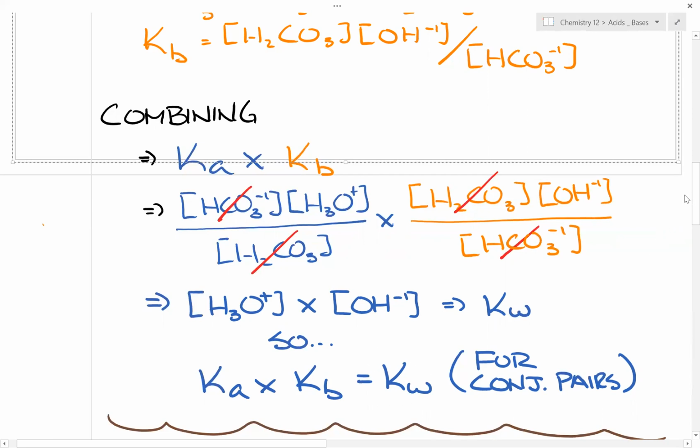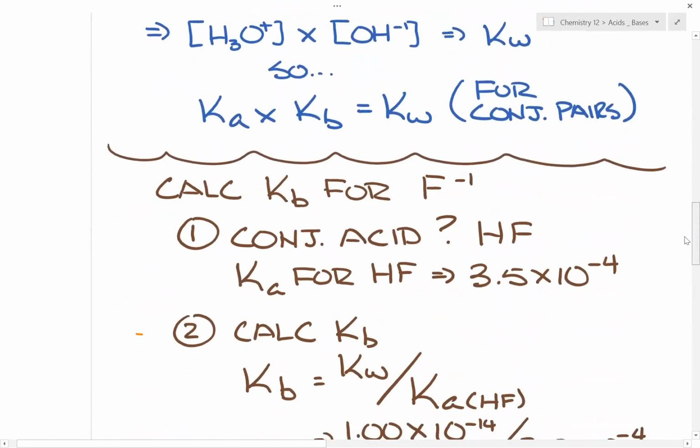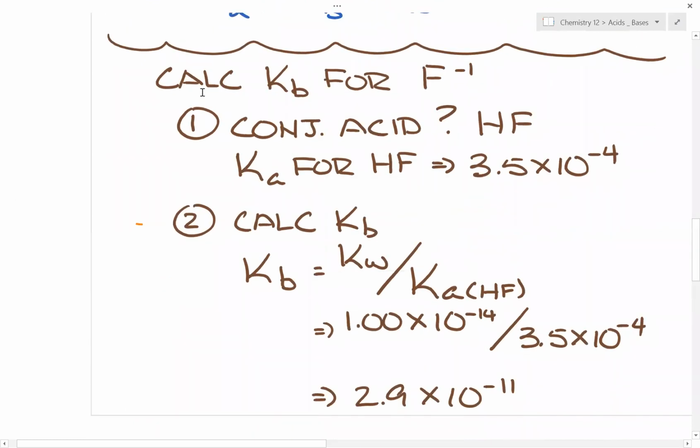Okay? Now, an example would be like this. If you were asked to calculate the Kb for F-, the first question would be, what's the conjugate acid? It is HF. Remember, conjugate acid means that it differs by a proton. That's what conjugate means. And for the acid, you add on an extra proton.